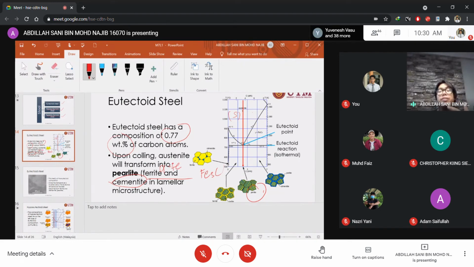When you say pearlite, this is the thing. At the eutectoid point, it becomes this pearlite crystal structure.